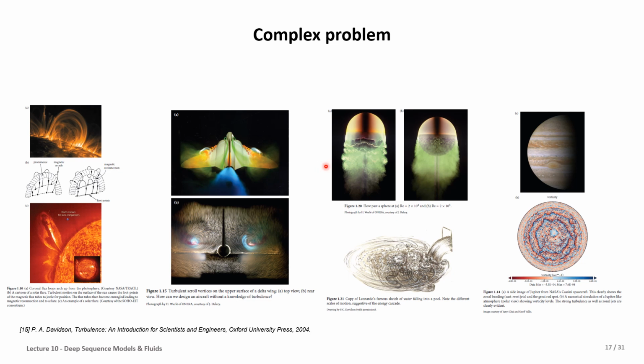These two pictures show flow passing a sphere with different Reynolds numbers. This one with Reynolds number 2 times 10 to the 4, and this one 2 times 10 to the 5. We can see with the higher Reynolds number, the turbulent flow on the back side of the sphere looks completely different from this one.